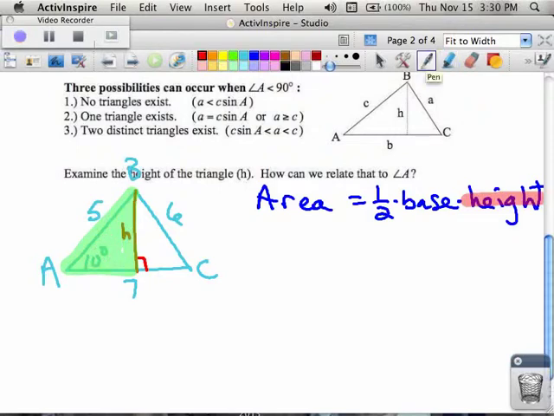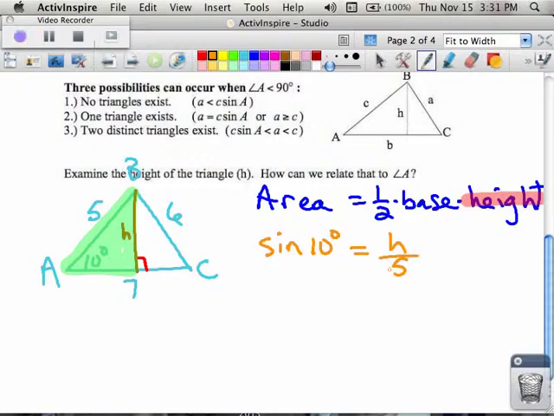If I only look at that triangle in the green shaded area, the left side, I know that the sine of 10 degrees is equal to the opposite side, which is h, over the hypotenuse, which is 5.